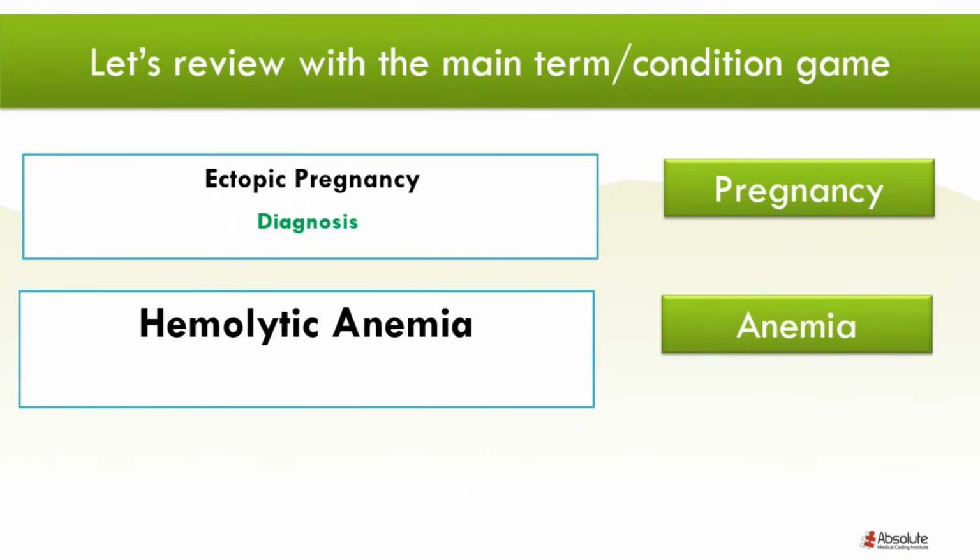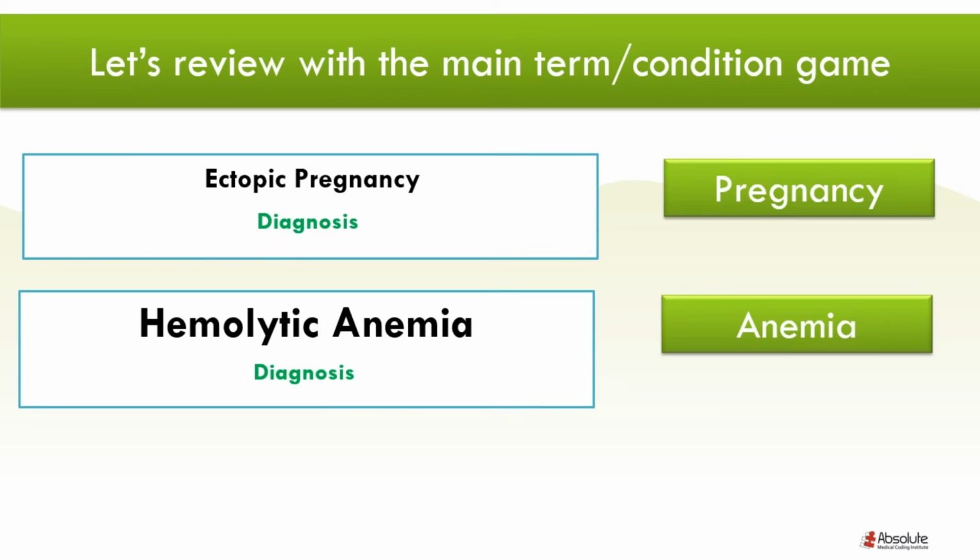Hemolytic anemia. Of the 2, anemia is your main term. It's your main term because anemia is a diagnosis, right? Yeah, you've heard of people being diagnosed with anemia, but hemolytic anemia is a more specific type of anemia.